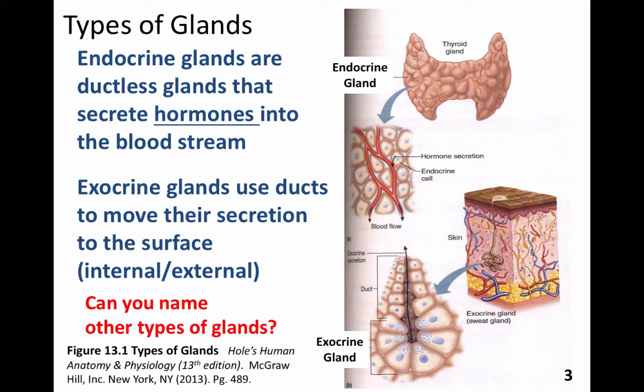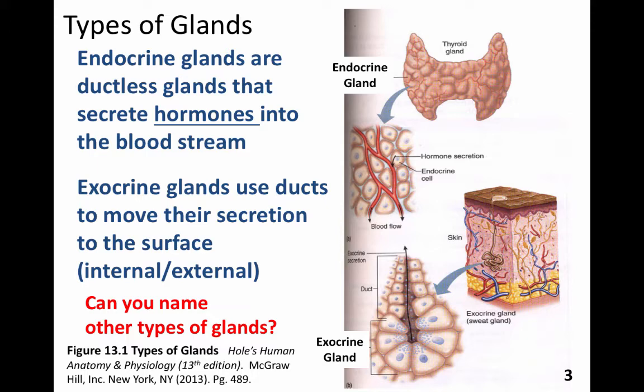And so this kind of shows you two examples here. The thyroid gland is an example of the endocrine gland, and this is going to release things like T4 or T3 into the blood system and allow them to flow through those highways to get to the effector cells.